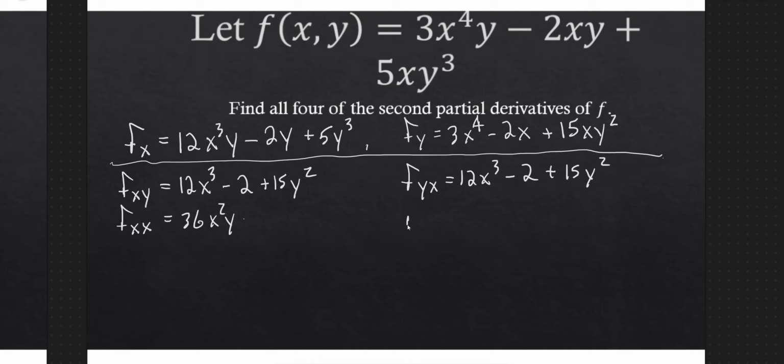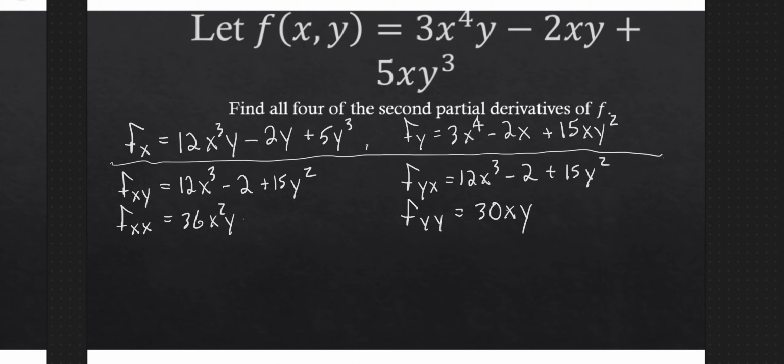Cool. And finally, fyy, the y partial of the y partial. So this is a constant with respect to y. This is a constant with respect to y. So both of those go to 0. And what we have here, we'll have 30xy. So this is 30xy. And there we go. There's all 4 of the second partial derivatives of f.